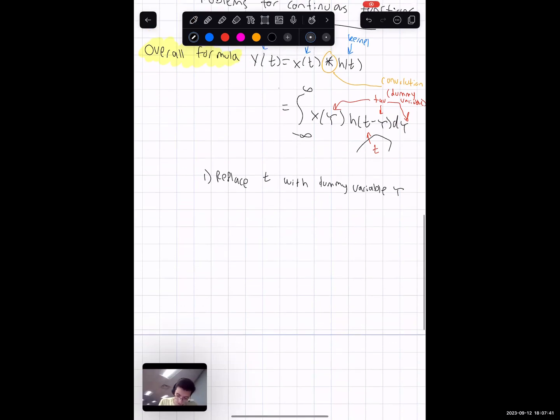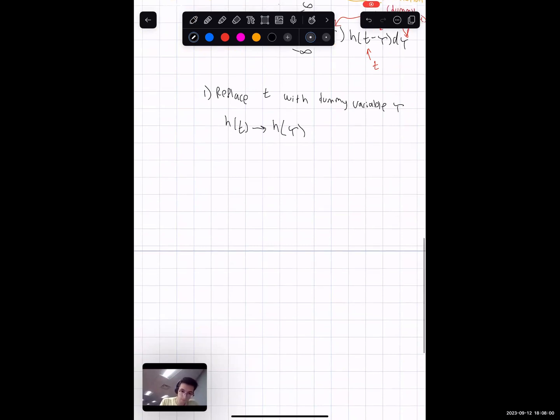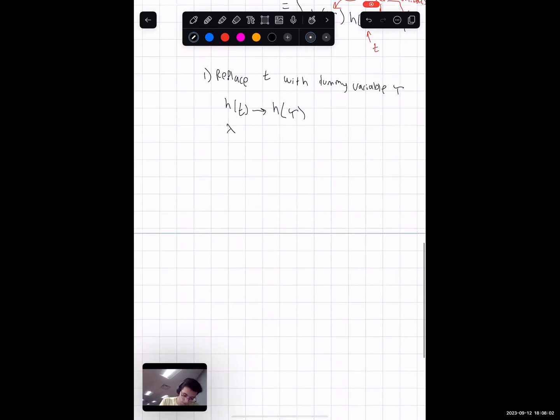That's what I alluded to above. That's the t, and here's the tau, right? So we're going to replace t with tau. So h of t becomes h of tau, and x of t becomes x of tau.